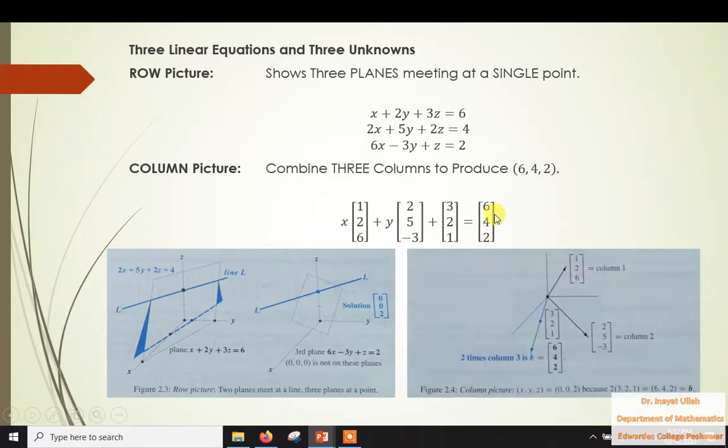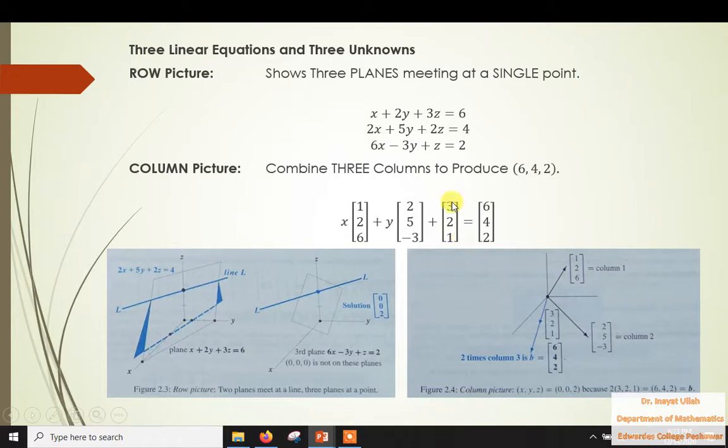This picture, that is the picture of 1 2 6. The first vector 1 2 6 lies in the space. If you draw this vector, that will lie in the space, and draw a position vector on this point, that is the position vector of this point, 1 2 6. Similarly 2 5 minus 3, whenever you draw this 2 5 minus 3 and draw a position vector on this point, that is the position vector of this point, that is column 2.